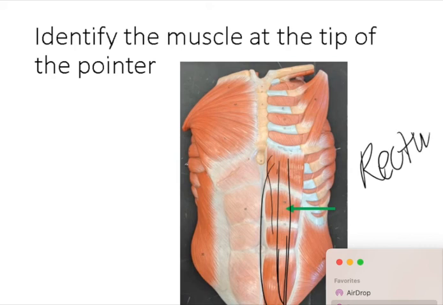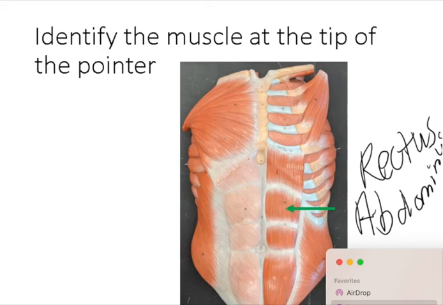We called those the rectus abdominis. Rectus means the fibers are moving straight up and down. Abdominis because it's in the abdomen.